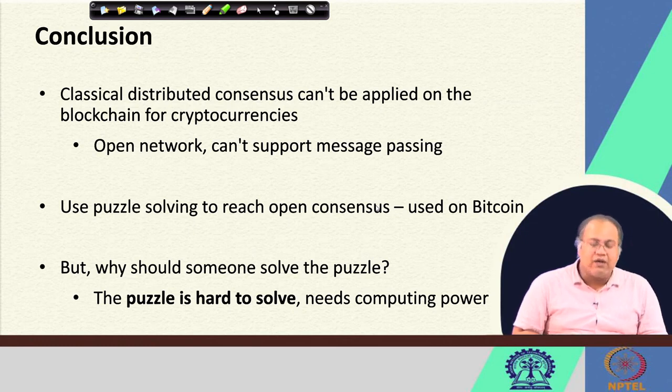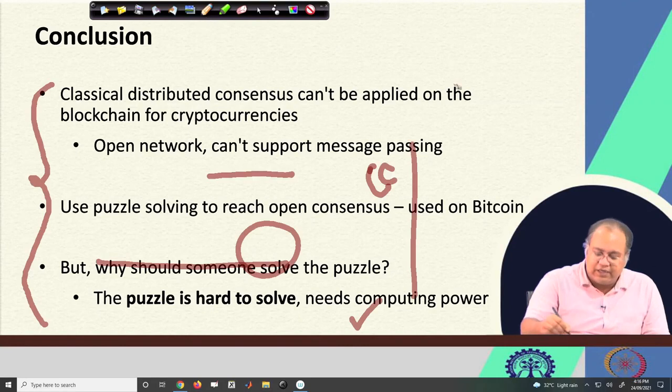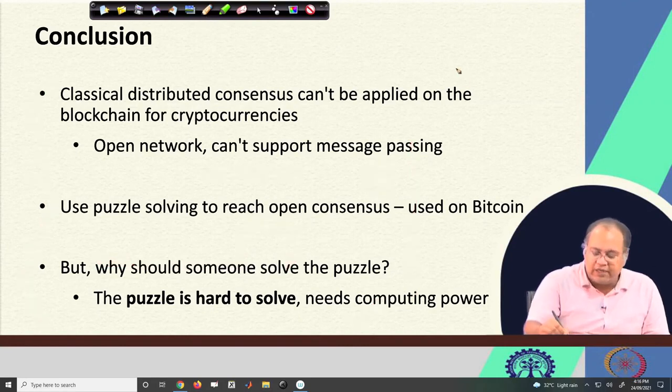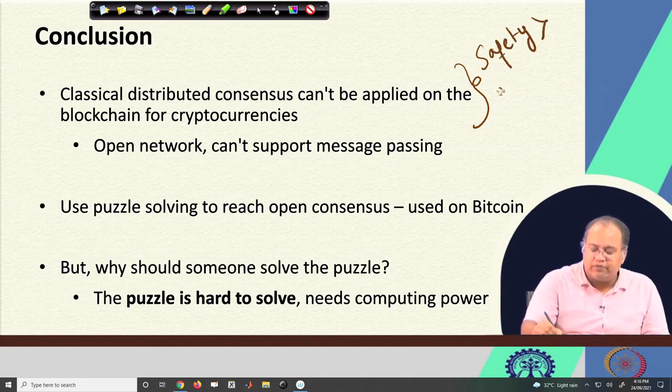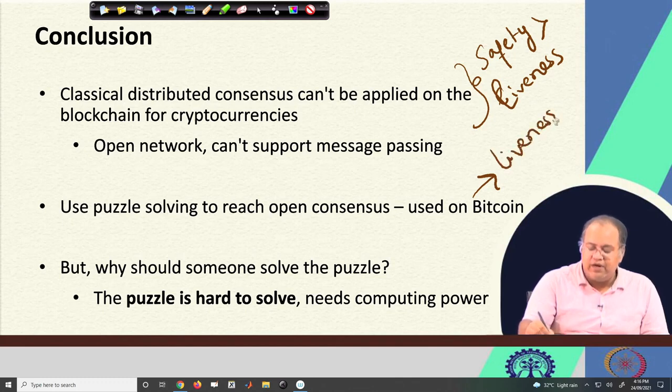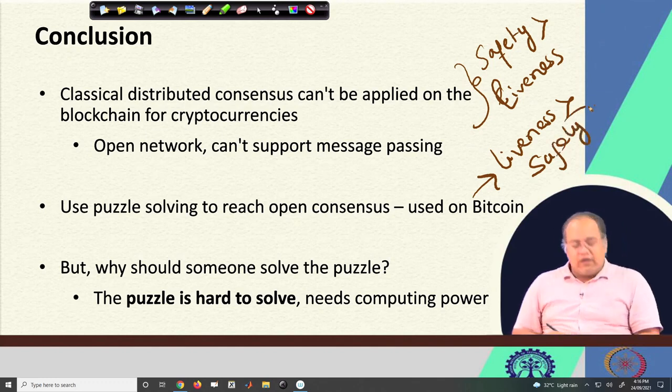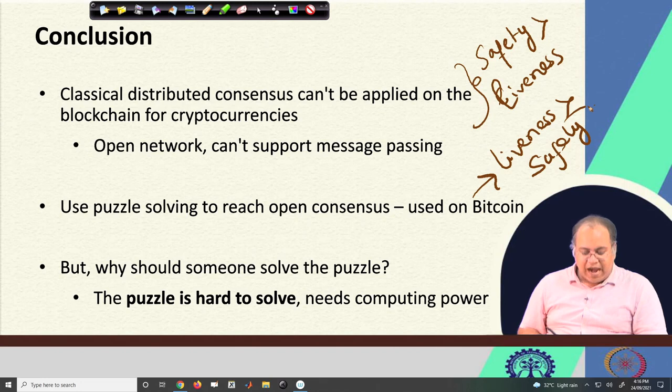So, in an open network we have used a different consensus mechanism, whereas the classical consensus mechanism gives more priority to safety over liveness. In case of Bitcoin, it is just the opposite. Liveness has been given more priority over safety, and that way it proposes an open consensus algorithm.